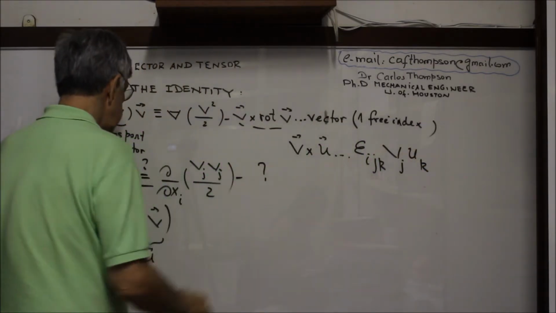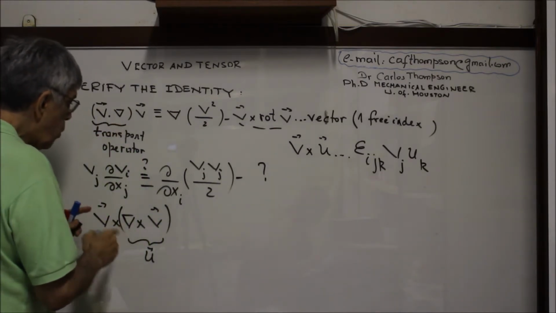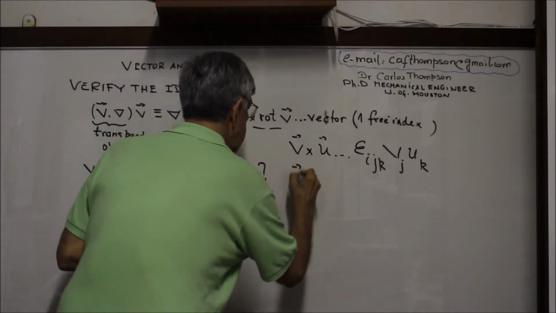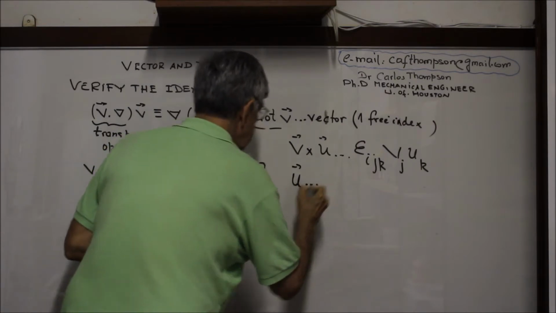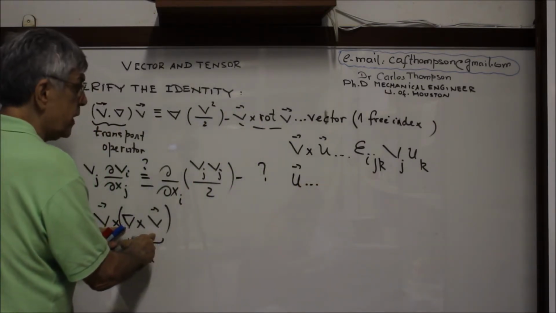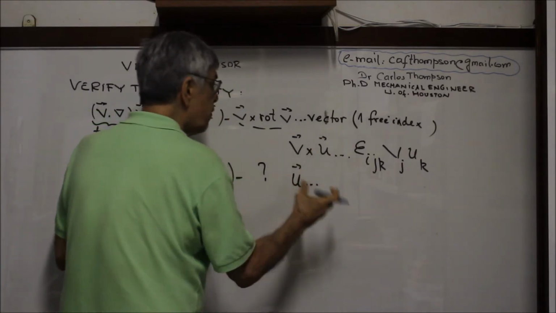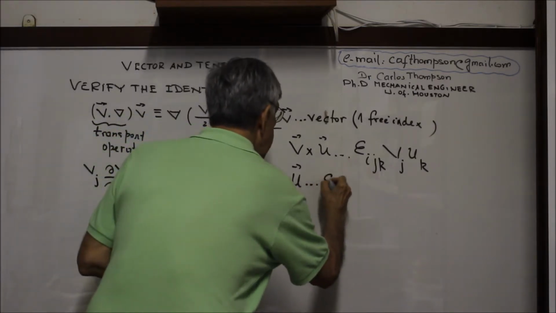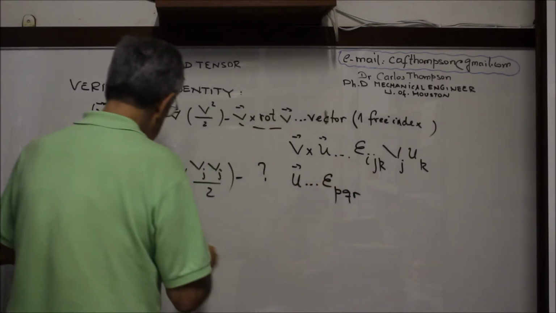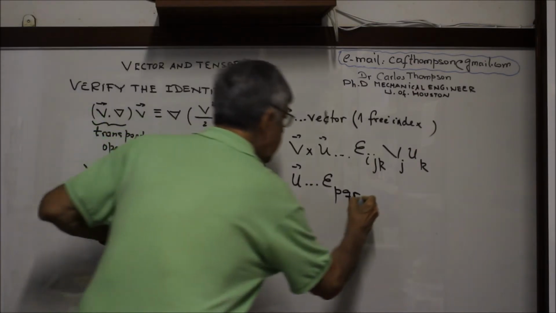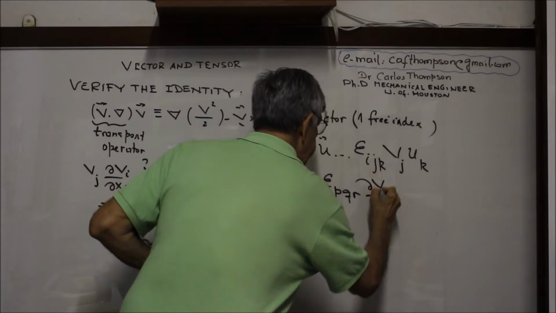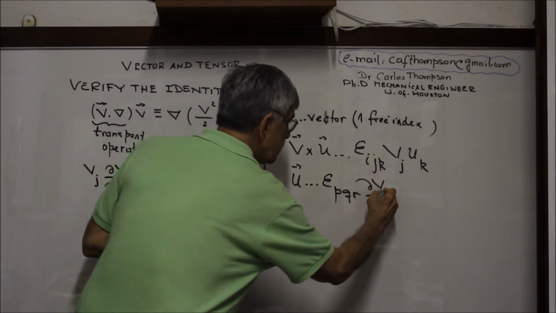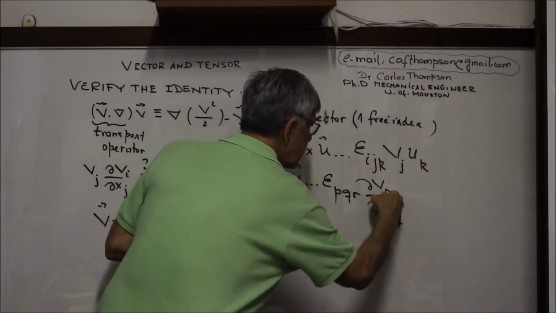So this is V cross U. Now I want to get U, okay? So the vector U is rotational of V. Attention now. You see, as I said before, let's use different indices. So U, let's put epsilon pqr. You see, now rotational. Okay, don't forget that. Partial of V partial X. As I said before, R comes here and Q comes there. See?